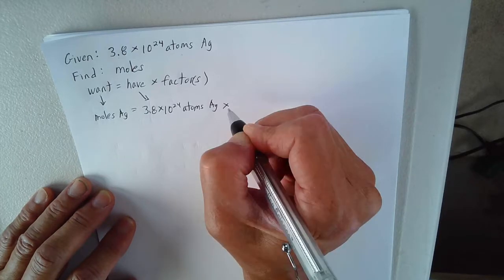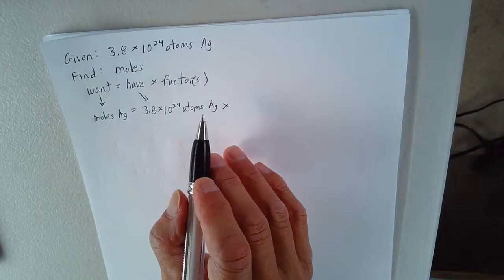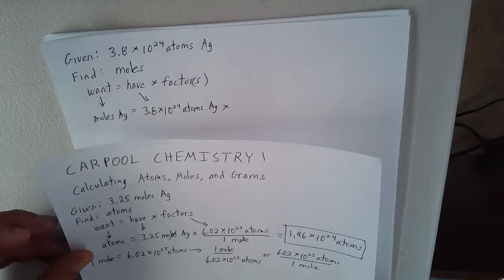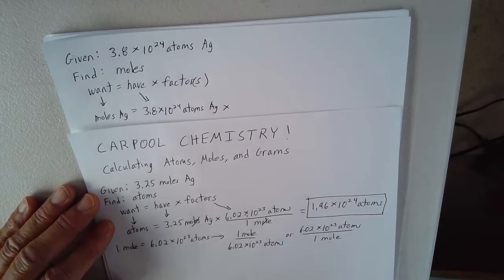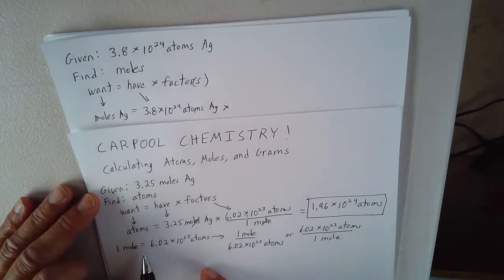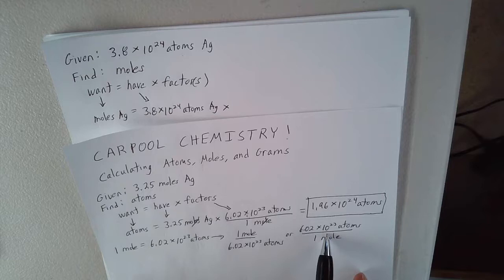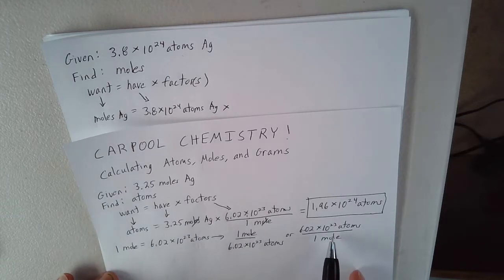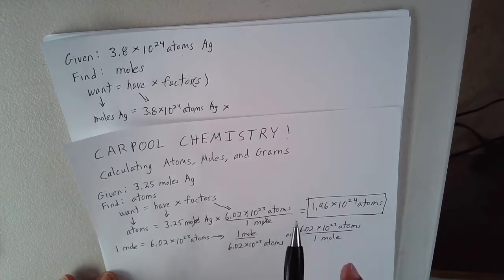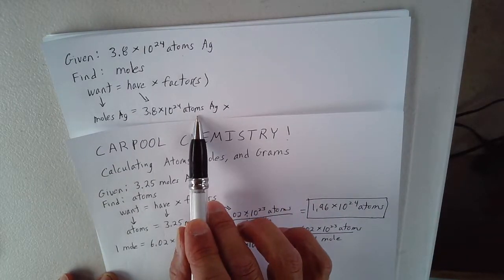And what is the relationship between atoms of silver and moles of silver? Well, we can go back to the same factors that we came up before that related the two together. That is, 1 mole is equal to 6.02 times 10 to the 23rd atoms with these two ratios. But this time, instead of choosing the second ratio like we did earlier to have our moles cancel out, we need to cancel out the number of atoms.